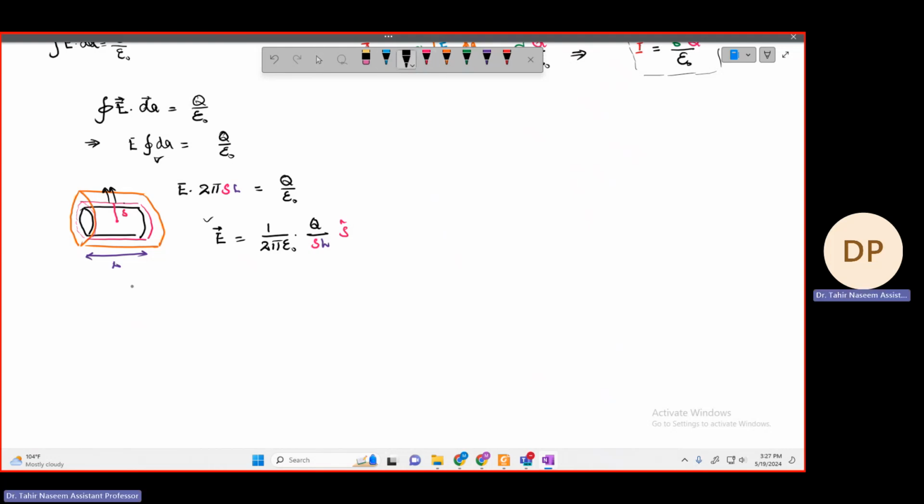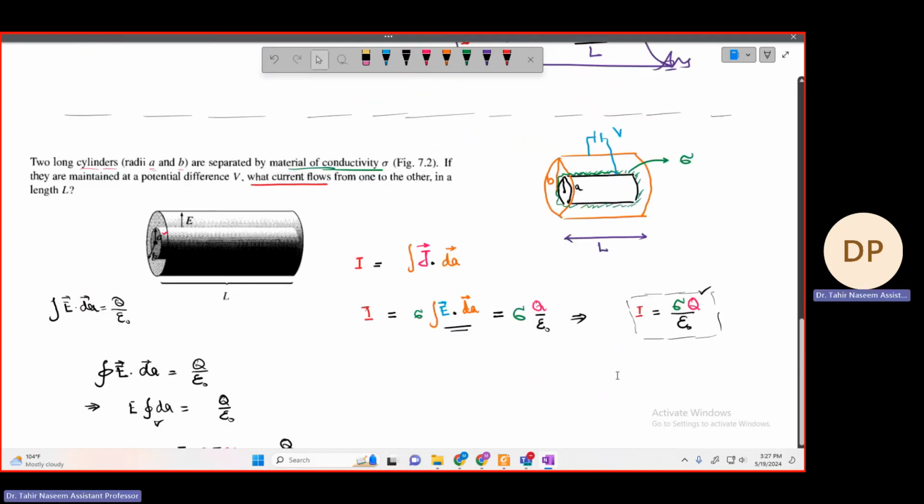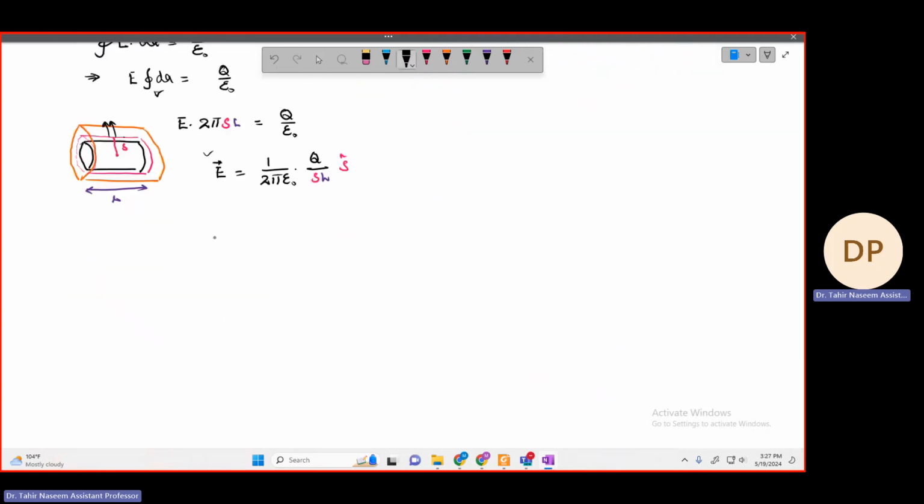Now I want to find, because we have applied a battery, a potential difference is created. Let's call that potential difference VA minus VB, and call this V. It is the potential difference of the inner cylinder minus the outer cylinder. So let me find that. VA minus VB, according to the definition, is minus the integral from B to A of E dot dl.